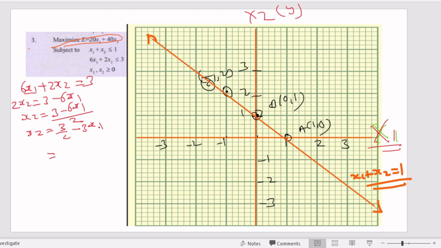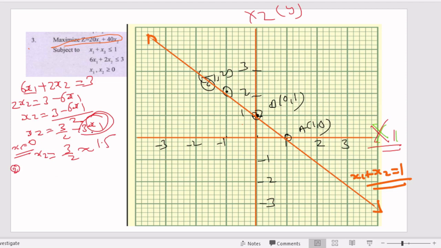Okay, now if I substitute x1 is equal to 0, this element will be 0, x2 will be 3 by 2. x1 is equal to 0, x2 is 3 by 2, and 3 by 2 is nothing but 1.5. This is the first condition. Second, I need to substitute something so that we can get the proper equation.